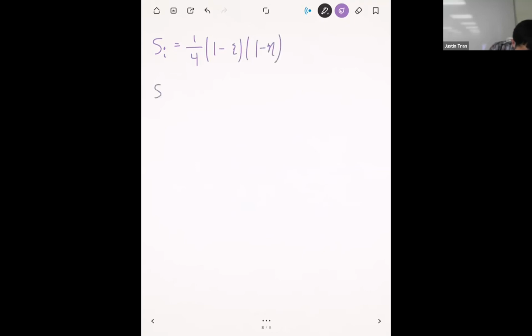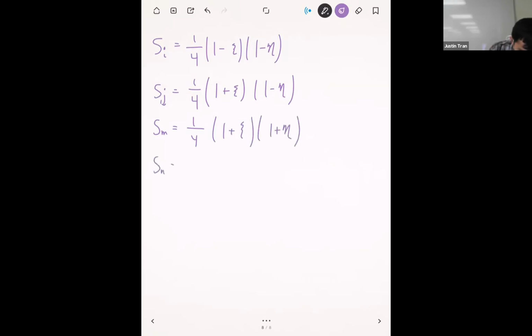Then we have Sj. Sj is 1/4 (1 plus xi) times (1 minus eta). Sm is 1/4 (1 plus xi)(1 plus eta).